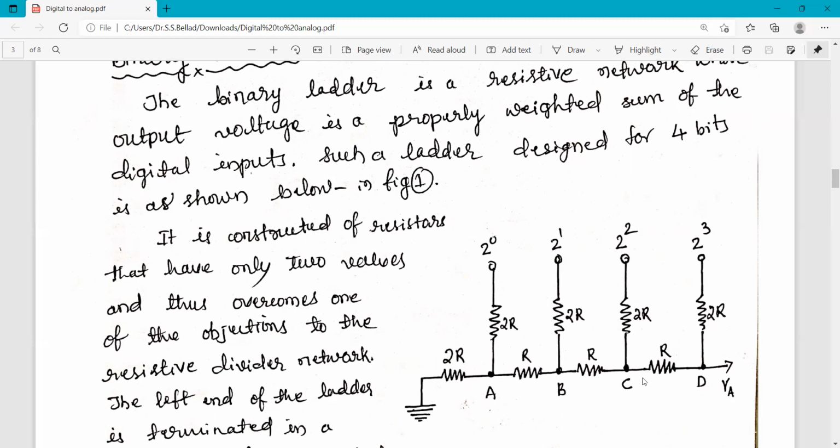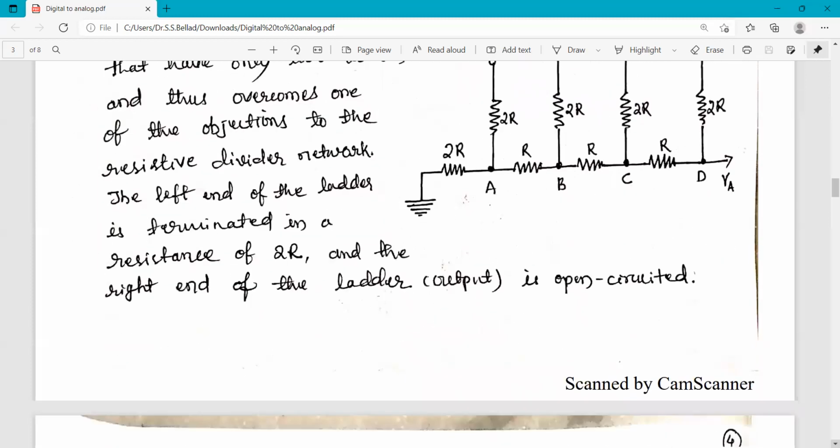A, B, C, D are the nodal points, and these are the inputs: 2 raised to 0, 2 raised to 1, 2 raised to 2, 2 raised to 3 are the digital inputs. The left end of the ladder is terminated in a resistance of 2R. When you go back from node A towards the ground, this is the left end, terminated via the 2R resistor.